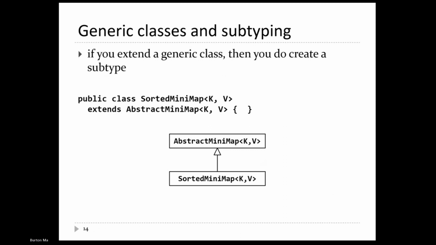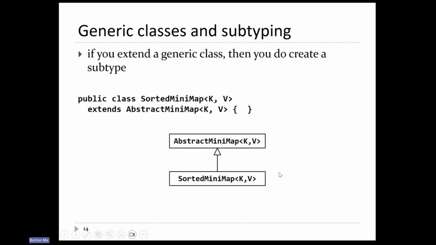All right. Now, what happens if you extend a generic class? Here, if I have a class called abstract minimap, and I extend that class, so I create a class called sorted minimap, like this, you do end up with a subclass. So sorted minimap is a subclass of abstract minimap.